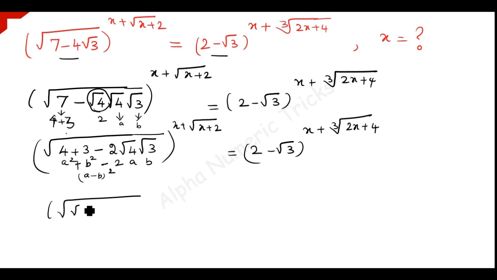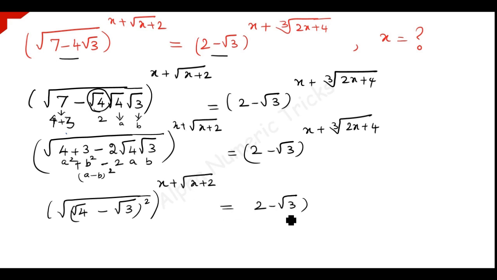What is A? A is equal to square root of 4 and B is equal to square root of 3, the whole squared, whole to the power x plus square root of x plus 2, is equal to 2 minus square root of 3, the whole to the power x plus cube root of 2x plus 4.